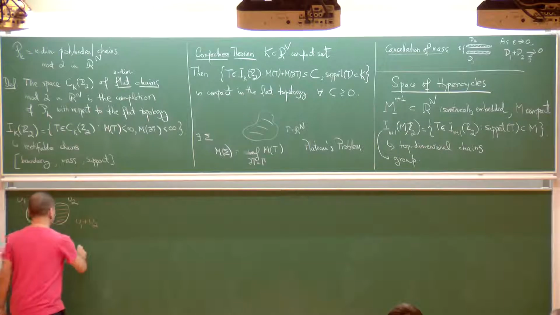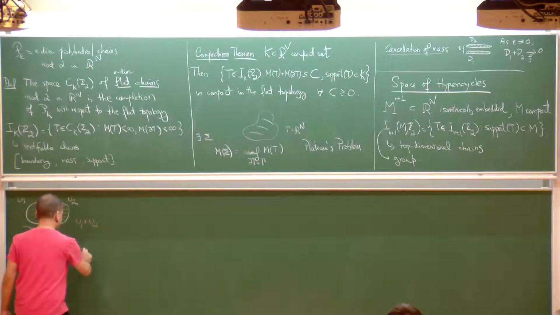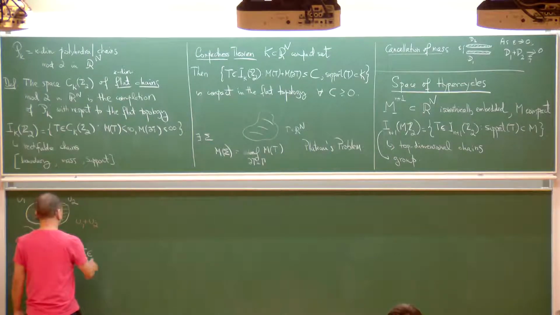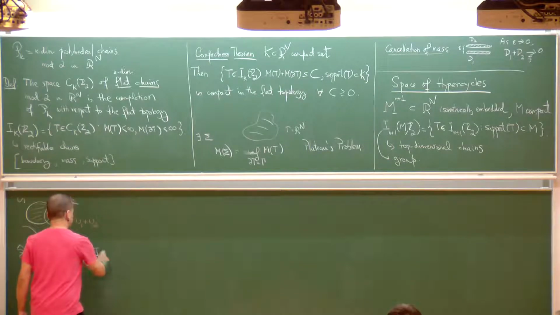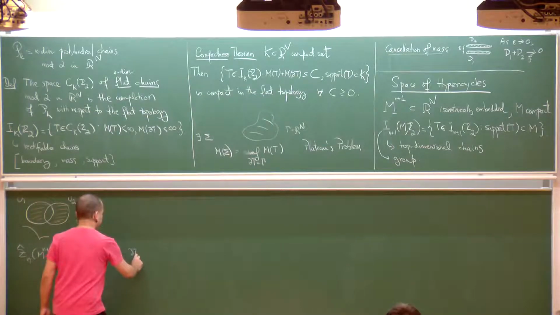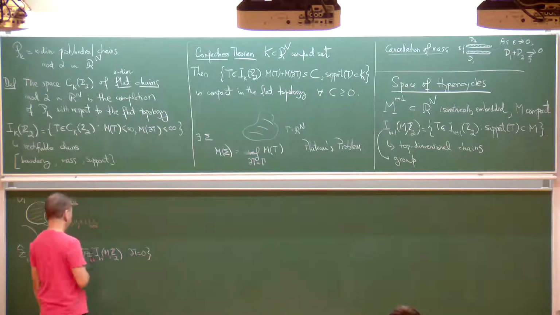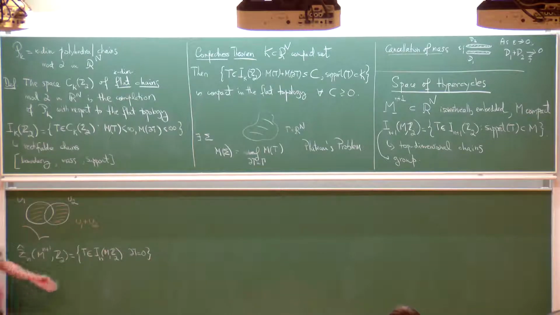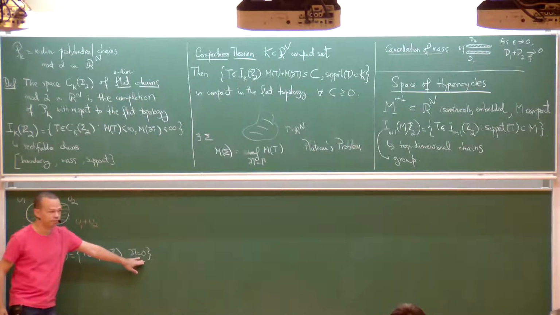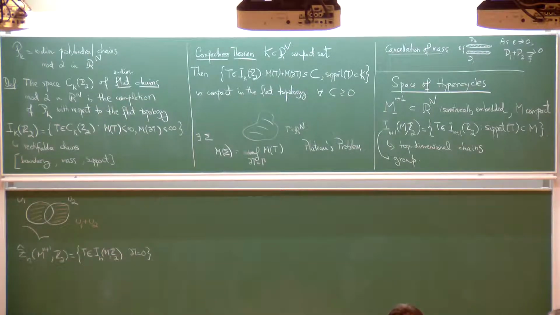So this is going to be the space of T's, which are n-dimensional chains with support in M, and they have the property that the boundary of T is equal to 0. So the space of all n-dimensional chains with support contained in the manifold and such that the boundary is equal to 0. This is the space of cycles.